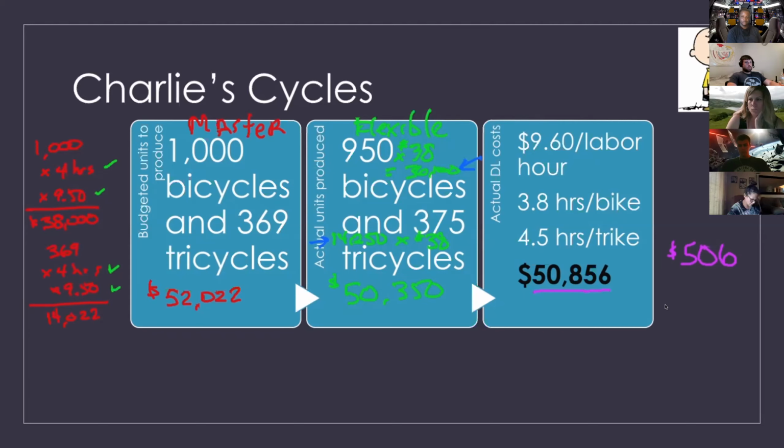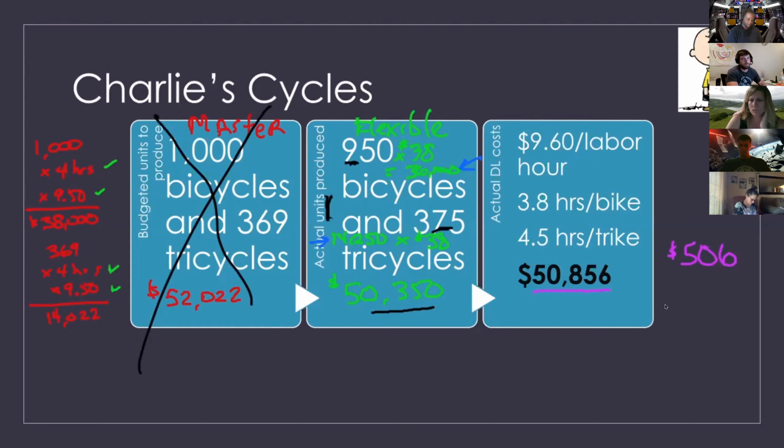Would it be unfavorable since we're comparing it to the flexible? Yes, we want to compare it to the flexible. So here's the thing, guys and gals. Once we know what we actually did, we don't even need the master budget anymore, because what we want to compare is what we thought it would be at these amounts versus what it actually was at these amounts.